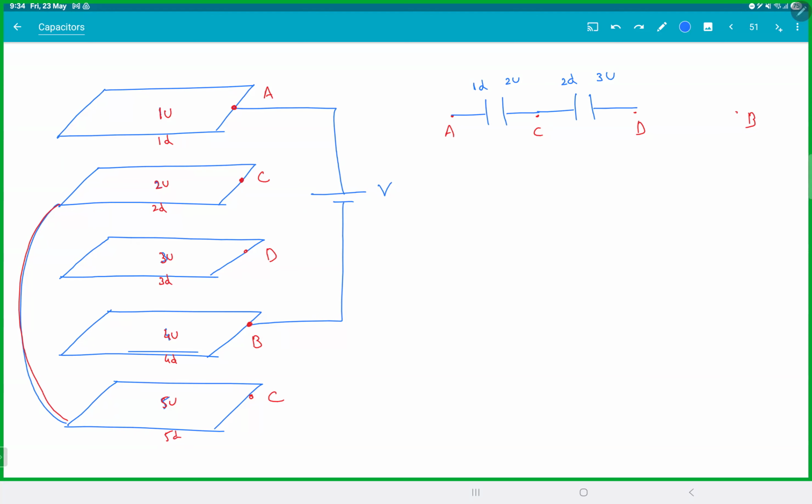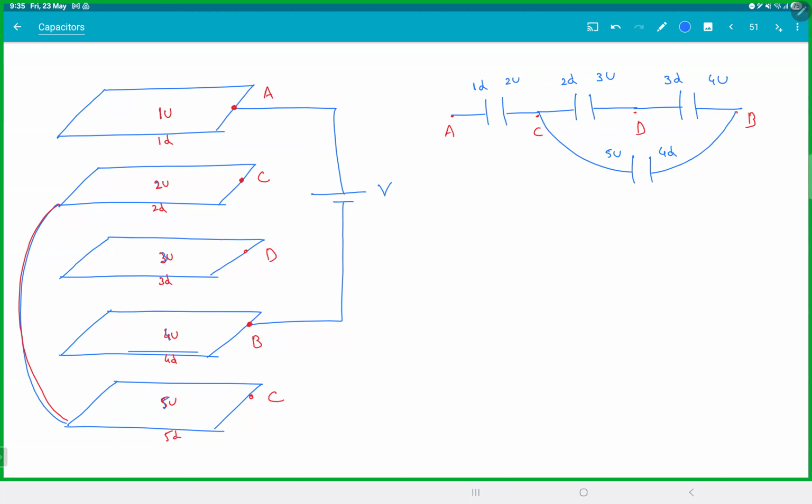Then we have a capacitor between D and B. D and B ka capacitor is 3 down and 4 up. Then we have a capacitor between B and C. This is between 4 down and 5 up. Is this clear?